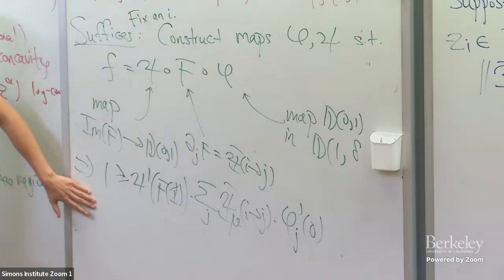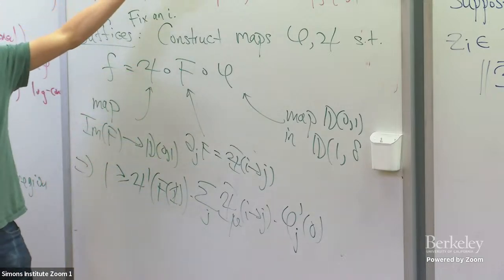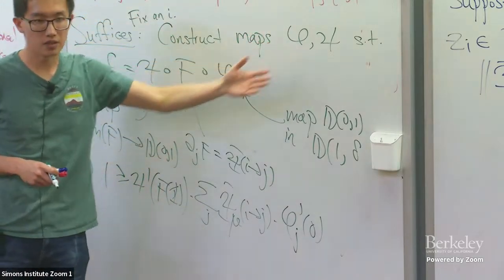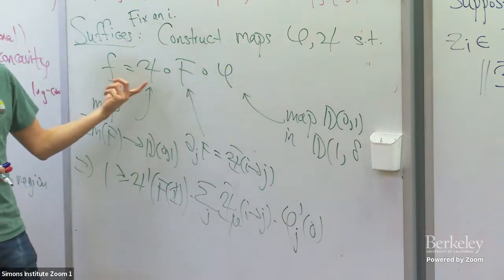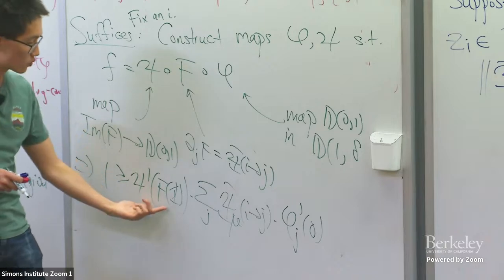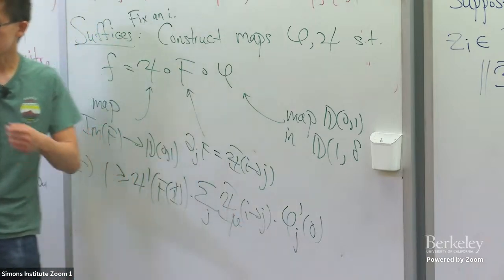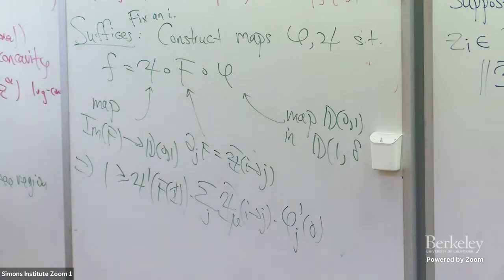Does this make sense? All I'm saying is that if I want to apply this lemma, I just need to construct these suitable maps such that out of it I get a univariate function. And once I've applied it, all I need is to lower bound the derivatives of these maps.